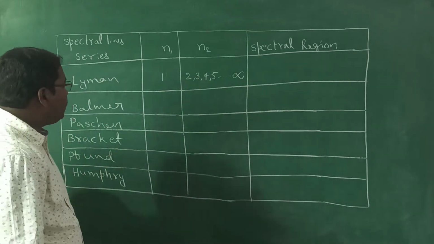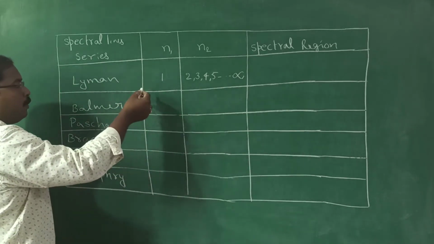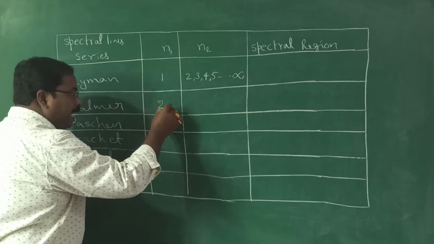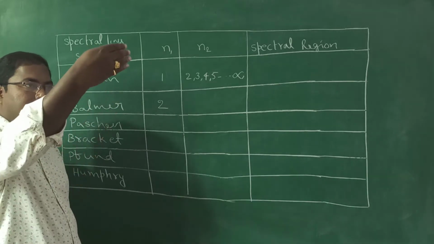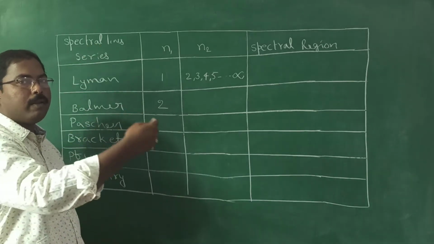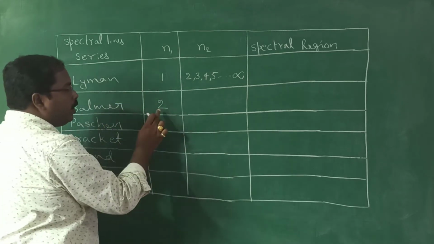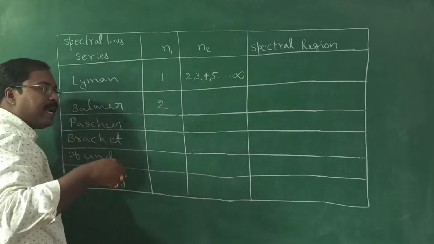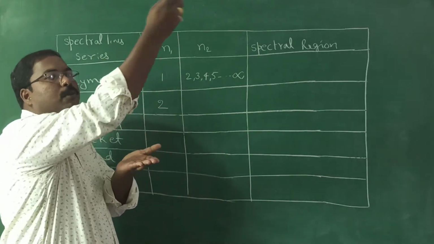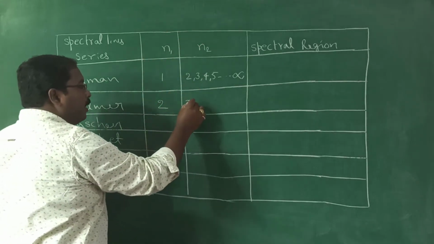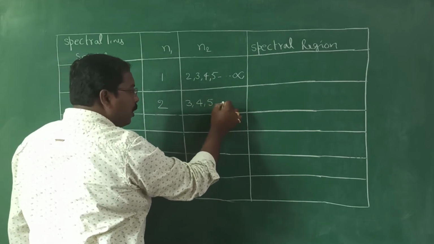In the same way, if you observe the Balmer series, Balmer series means when the electron jumps from any orbit to the second orbit. If you have any doubt regarding this, look at the diagram you drew in the last class. The electron jumps from a higher level, so more than 2: maybe the third orbit, fourth orbit, fifth orbit, sixth orbit, and so on.